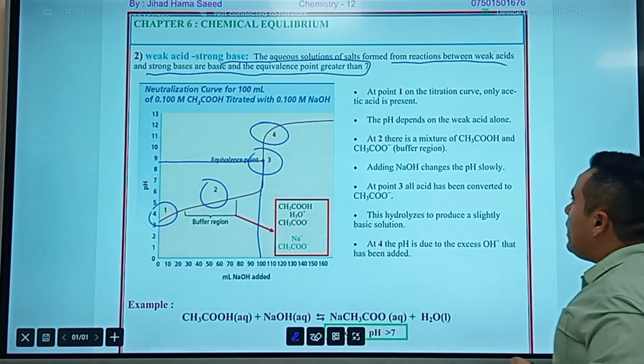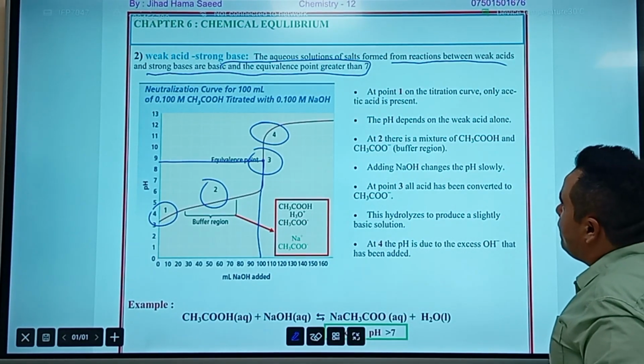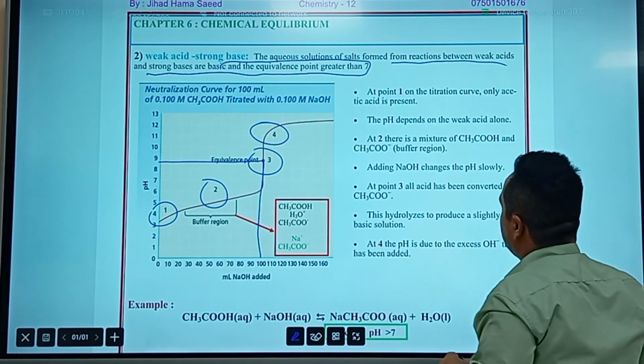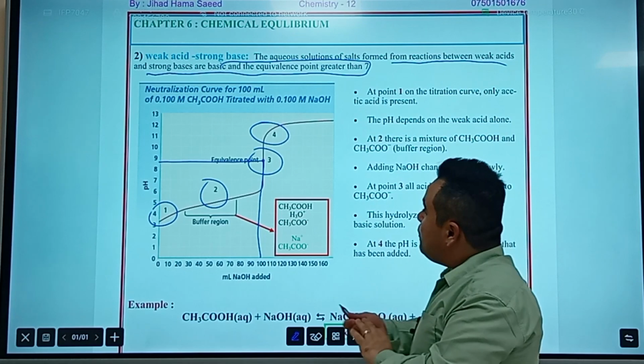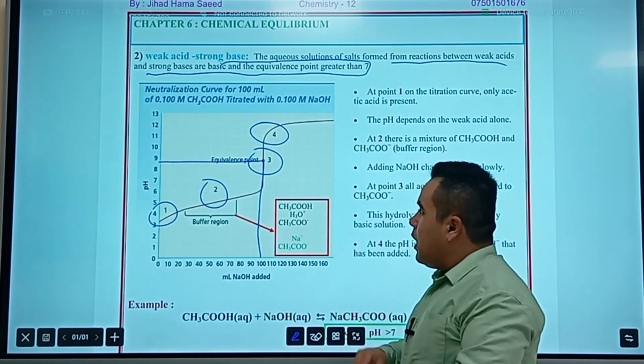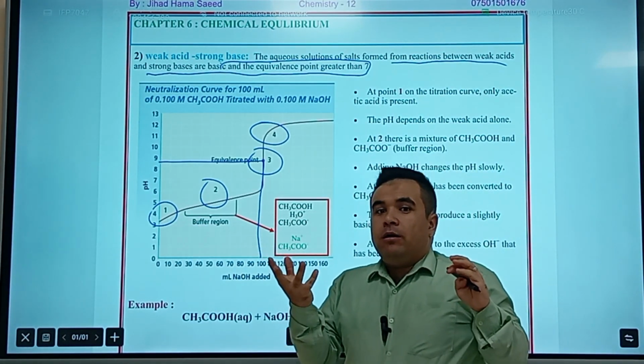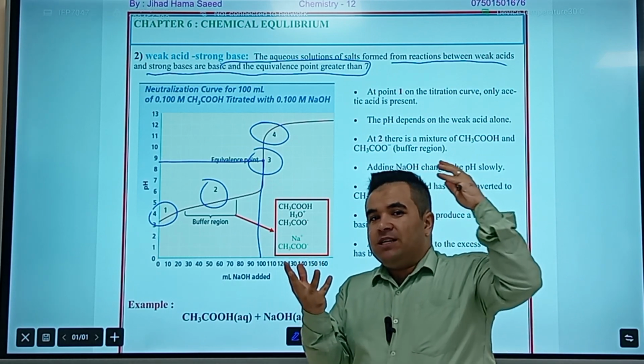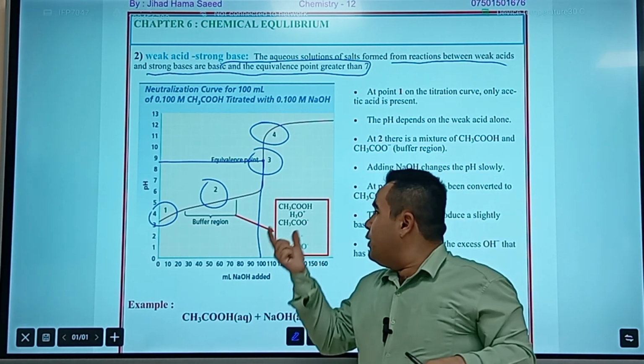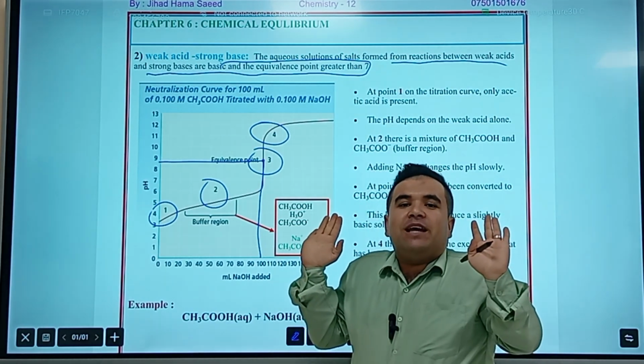What decides the pH of the solution and the color of the solution as well? At point one, prior to the addition of the base into the flask, we have only the acetic acid.